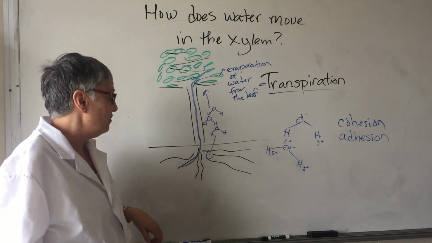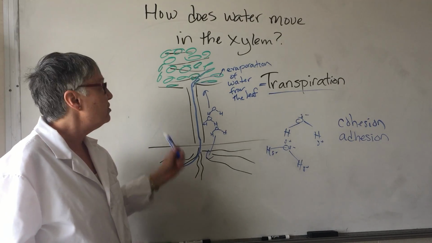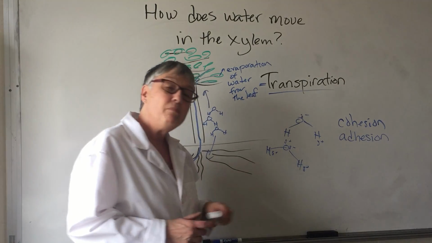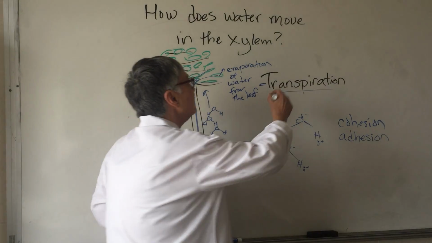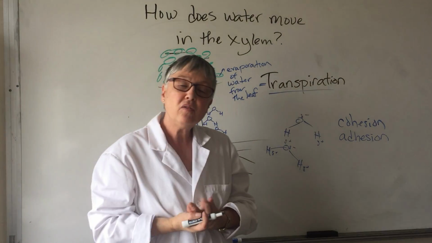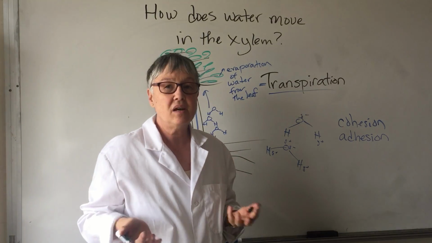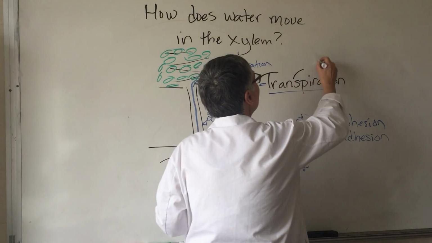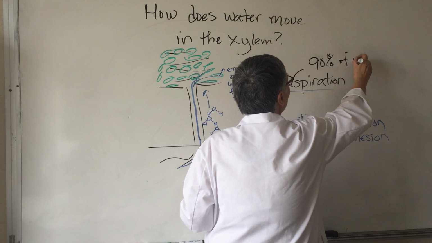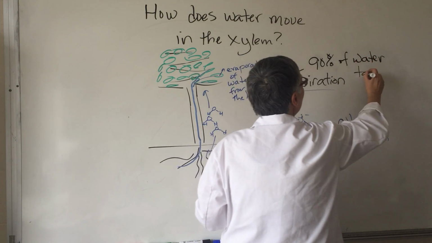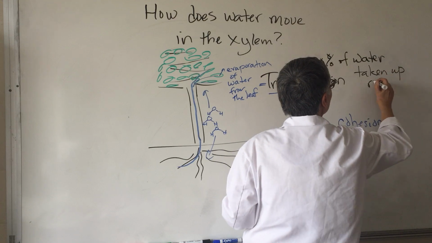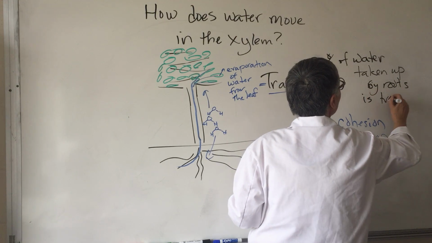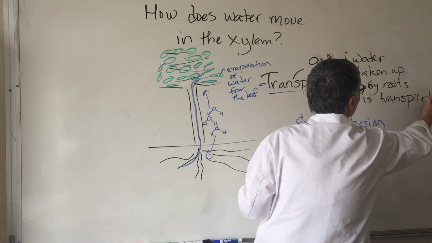So you constantly have a flow of water from the roots up through the trunk into the leaves, and botanists have estimated that of the entire amount of water that a tree or plant takes up in, say, a day's time, about 90% of the water taken up by the roots is transpired by the plant.